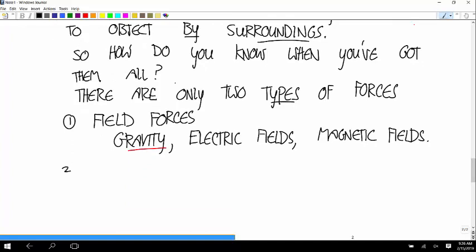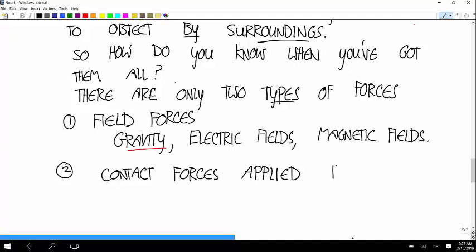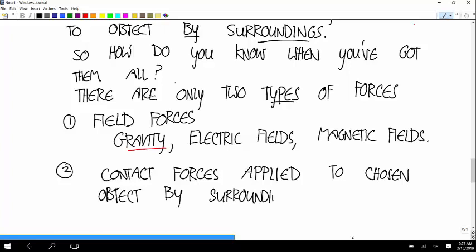And then besides that, the only other force that you have to deal with are contact forces applied to the chosen object by the surroundings at the boundary.